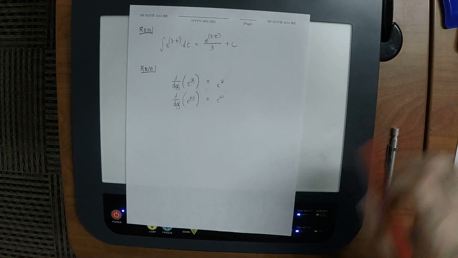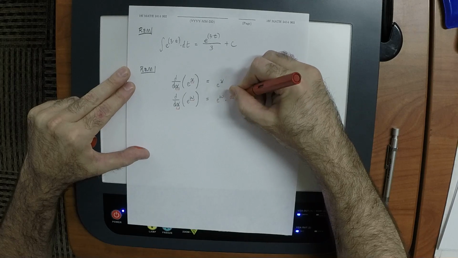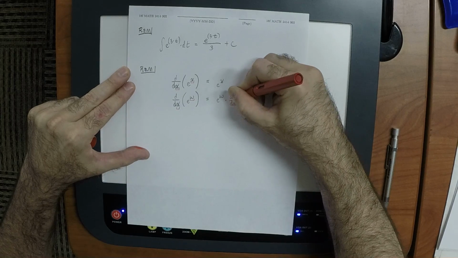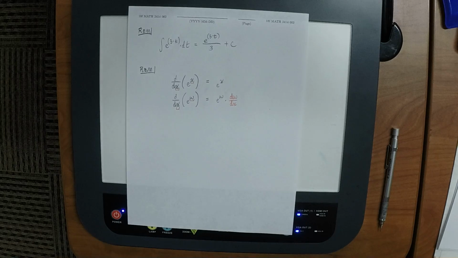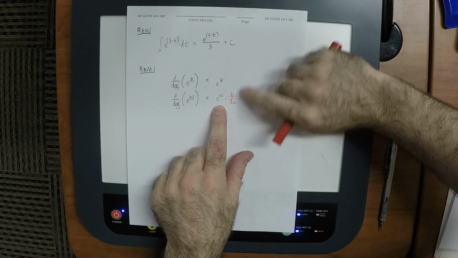So as a result, to satisfy the chain rule, we need to say that, in fact, this needs to be multiplied by the derivative of w with respect to x. Because we have to account for whatever it was that w did before the exponential got a hold of it. Now, if the world is just, we should be able to say that this is up here, right?